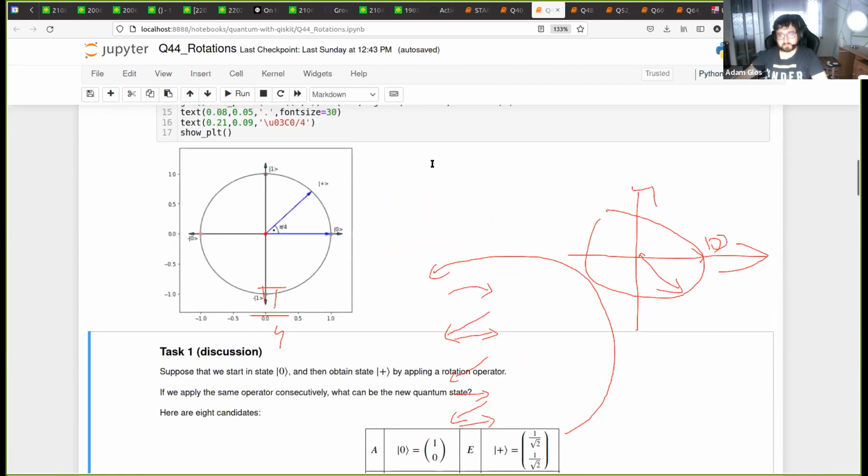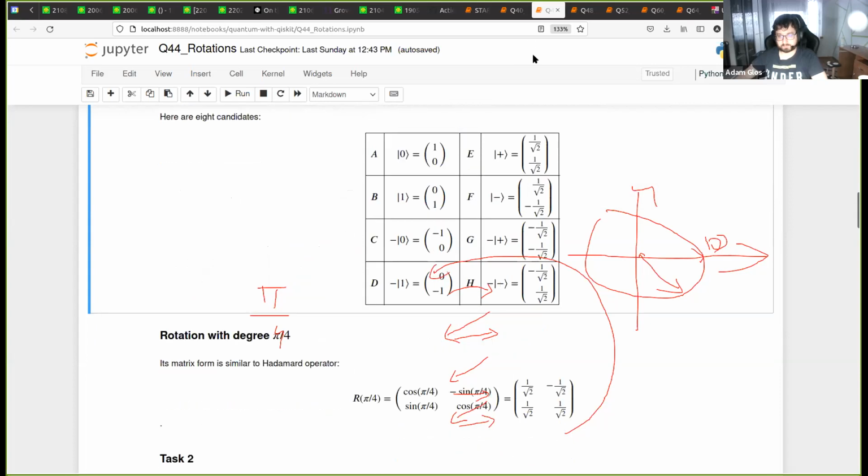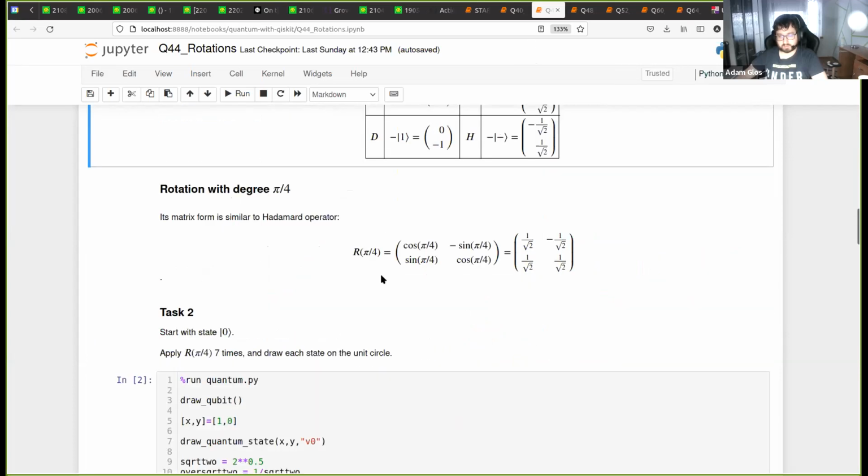In general, sorry, it wasn't done before. Rotation along this with angle A is taking the following form.